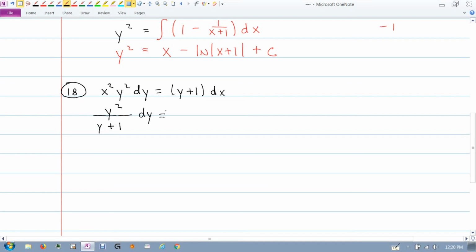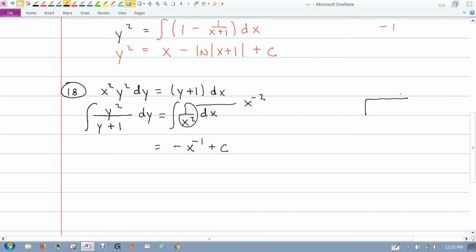So I'm dividing both sides by y plus 1, dividing both sides by x squared. Ready to integrate. On the right, this is going to be negative x to the negative 1 when we take the antiderivative, because remember this is really x to the negative 2. But the left-hand side, again, I can't split that up.